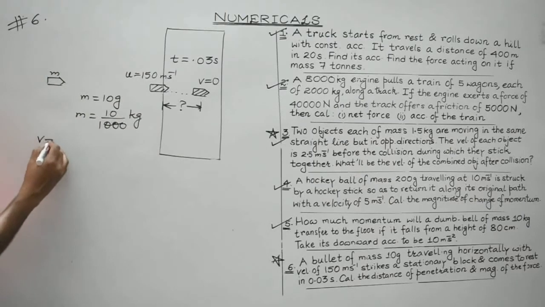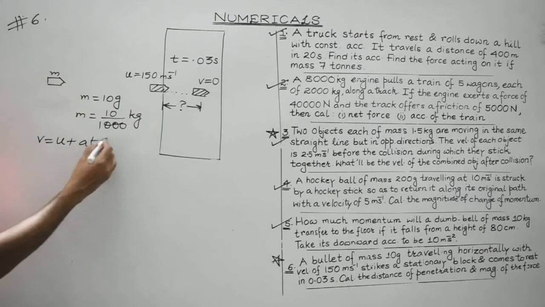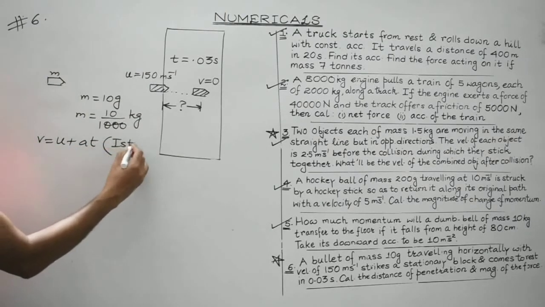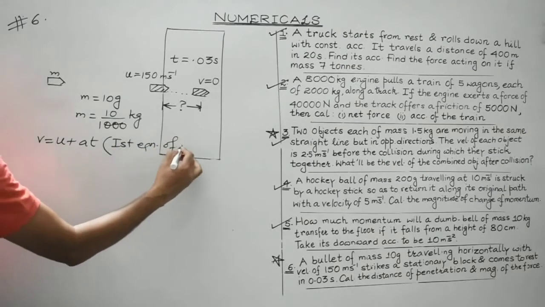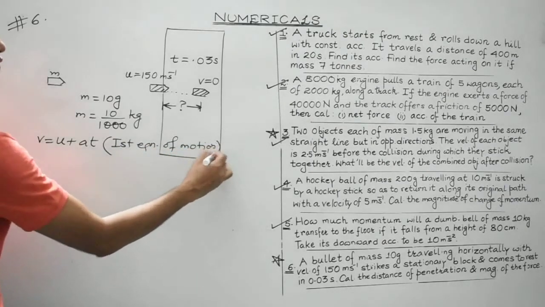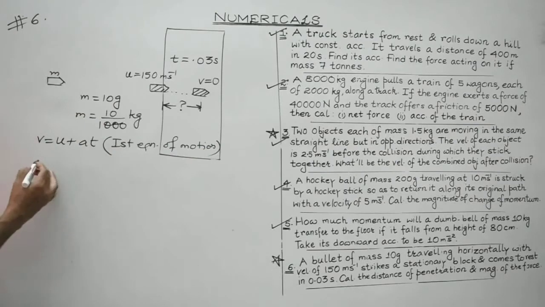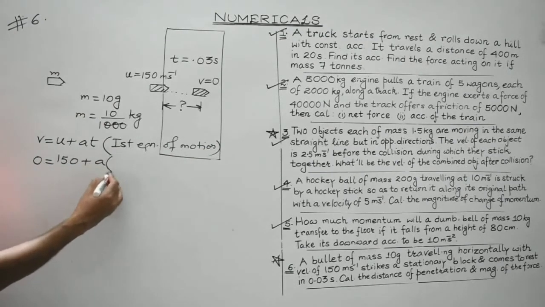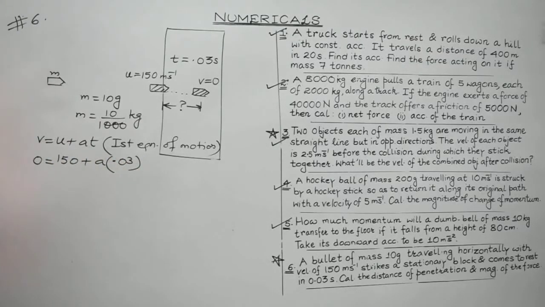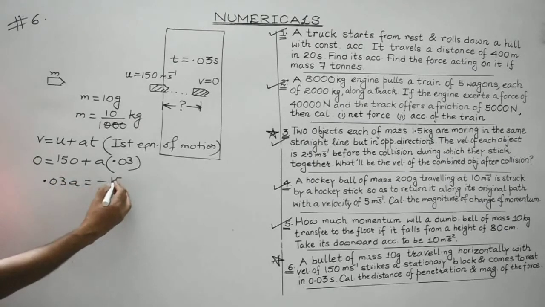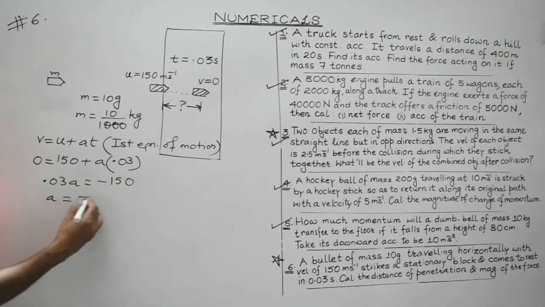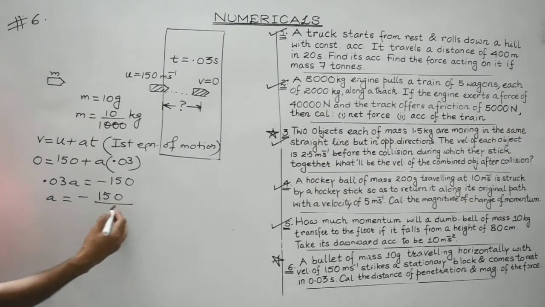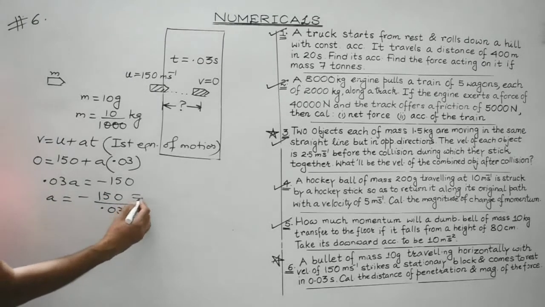So using the first equation of motion, which is also known as the velocity time relationship, final velocity is 0, initial velocity is 150, A is to be determined and time is 0.03. During this time, the bullet comes to rest, isn't it? So 0.03 A is equal to minus 150. Or A would be equal to minus 150 divided by 0.03, isn't it?